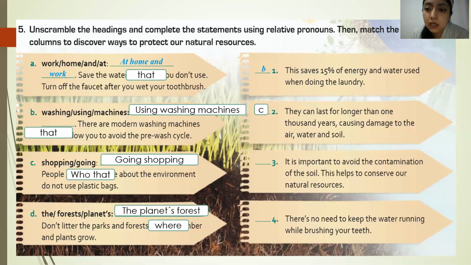Okay, we are going to continue. This is important to avoid the contamination of the soil. This helps to conserve natural resources. It is letter D, the planet forest. And the last, there is no need to keep the water running while brushing the teeth. So we have letter A. At home, work to save the water, then use the strong force and the toothbrush.